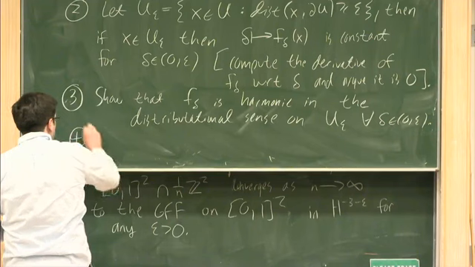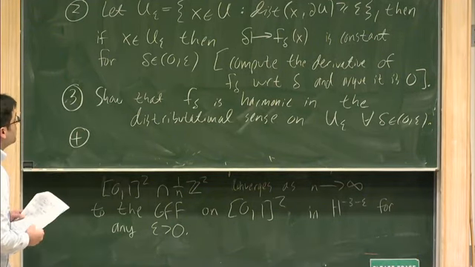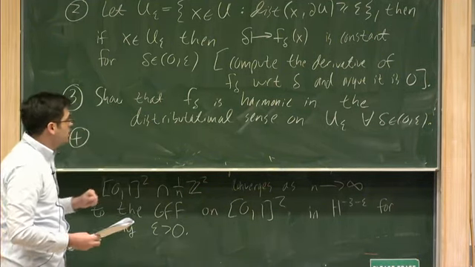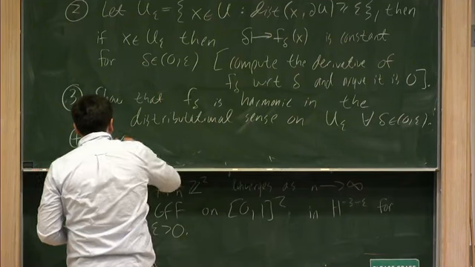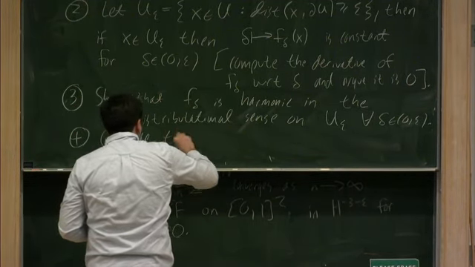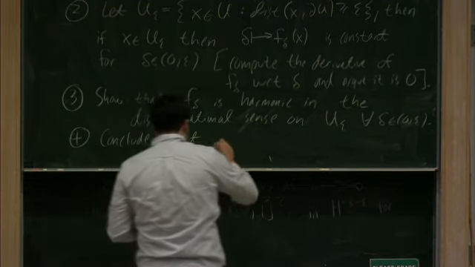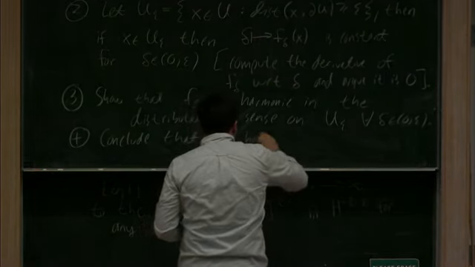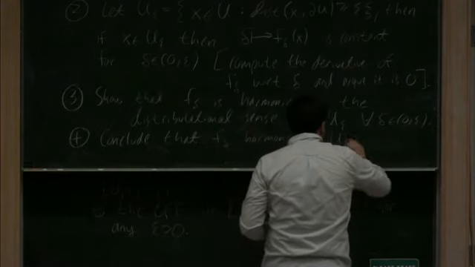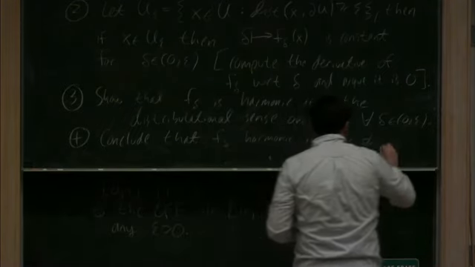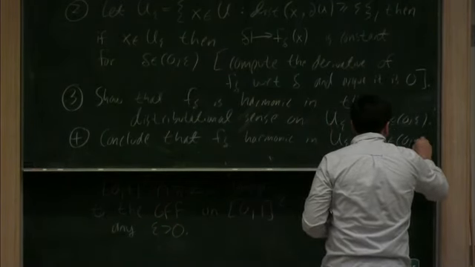Now, if you have a function which is C infinity, like f delta, and it's also harmonic in the distributional sense, then you can conclude that f delta is actually harmonic in the usual sense in U epsilon for all delta between 0 and epsilon.